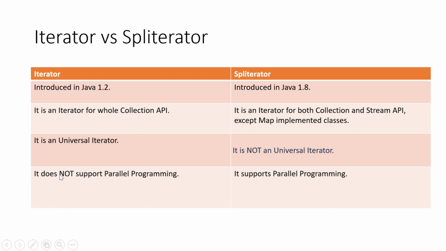And Iterator does not support parallel programming or parallel processing, whereas Spliterator supports parallel programming. Okay, so I think that's all.